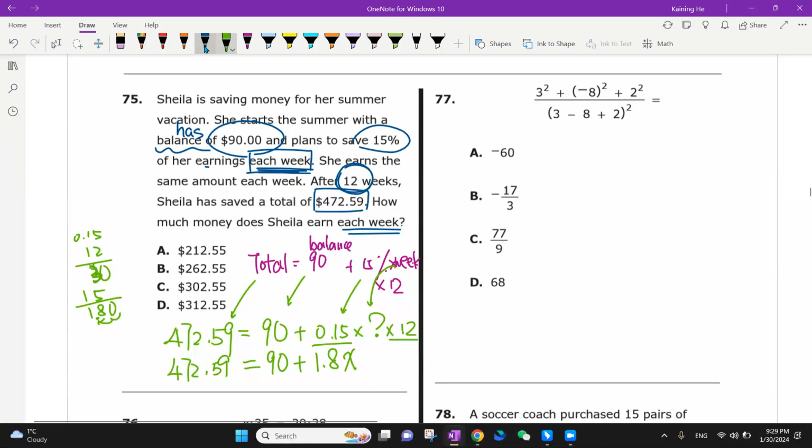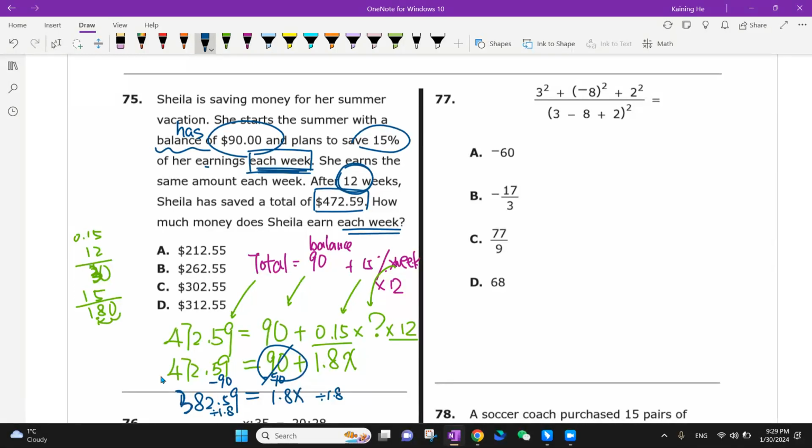Now, just by a reverse calculation that we talked about before, I see the 90 that's hanging around. Let me go ahead and get rid of 90 by subtracting 90 on both sides. Okay, now plus 90, negative 90, now it's gone. Now in here, I'm left with 382.59. Okay, and then here is 1.8x. Oh, great. Then I have to go ahead and simply divide by 1.8 on both sides.